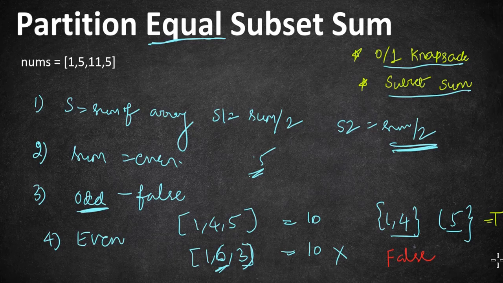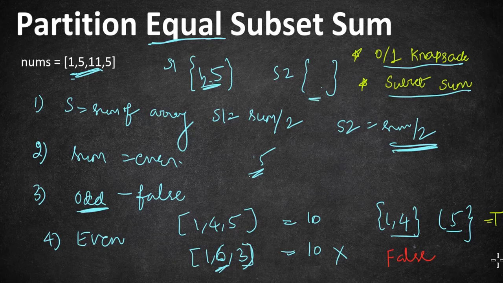Another important observation is that if you put a number in subset 1, then you can't put it in subset 2. If there is a set of values in subset 1, then the remaining values in the array are obviously going to be in subset 2.